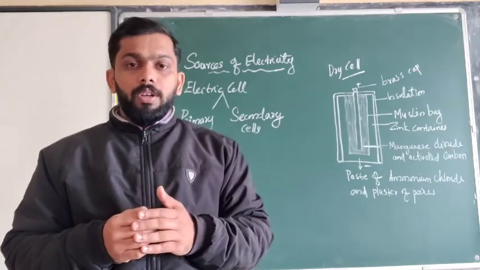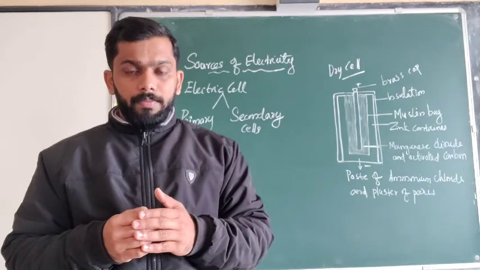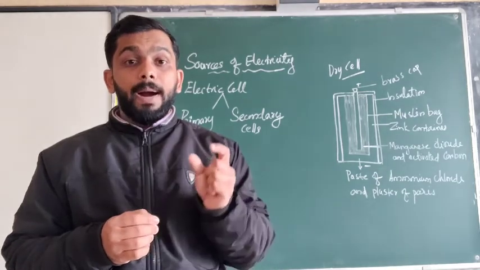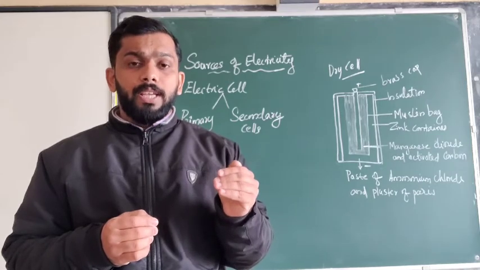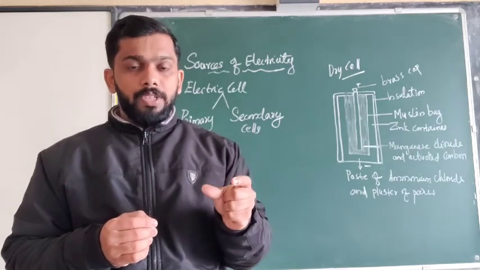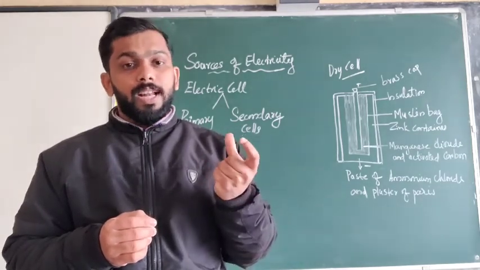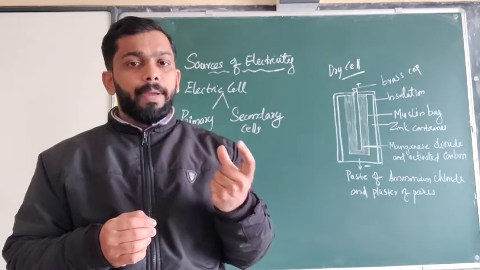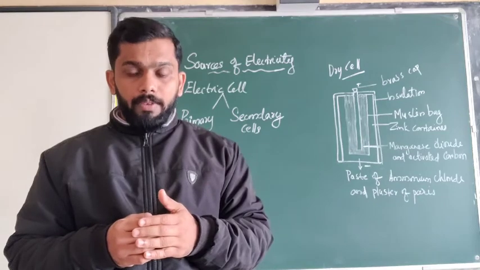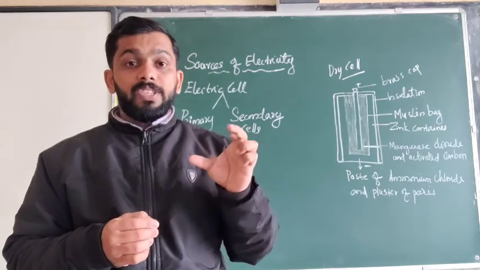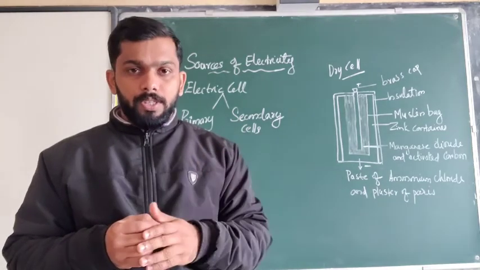Watch. Electrical energy is required. A watch is running with small button cells. So we can say that one of the sources of electricity is button cells. Then we know the cells of our clock, a little bigger one. Then a little bigger one, the battery we are using, that means a big cell we are using in torches.